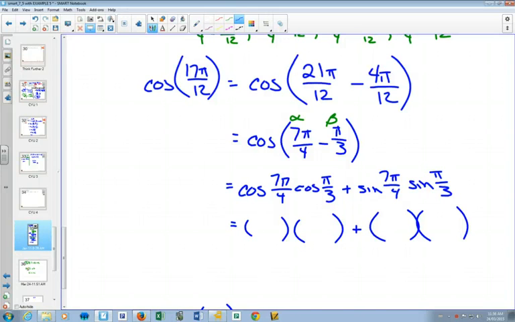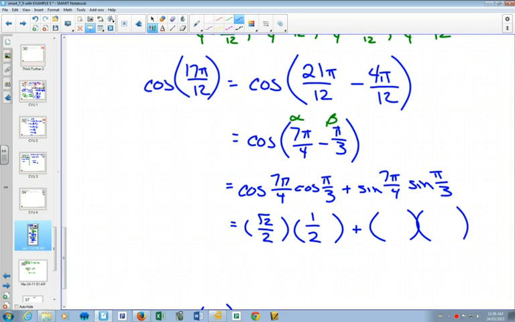What is cos of 7 pi over 4? Pi over 4 family, root 2 over 2, positive or negative? What quadrant is 7 pi over 4 in? Quadrant 4, so it's going to be positive. Cos of pi over 3, 1/2. It's quadrant 1. It's going to be positive.